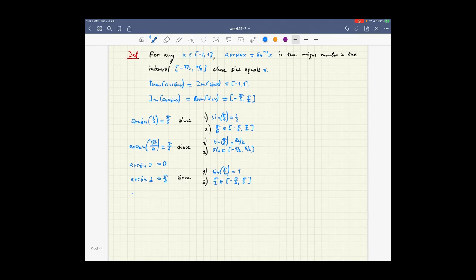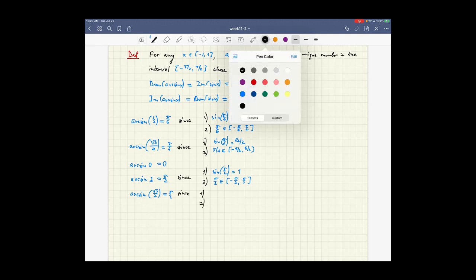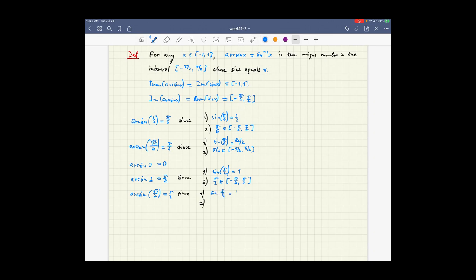What about arcsine of root 3 over 2? We know that's pi over 3. That is, of course, because sine of pi over 3 is root 3 over 2, and pi over 3 is in the interval negative pi over 2, pi over 2.